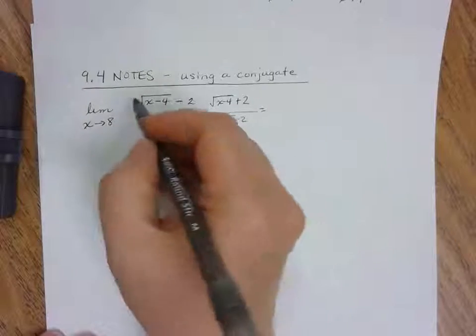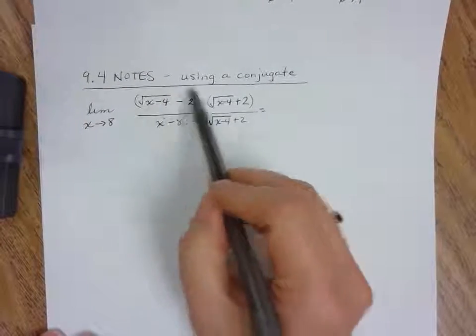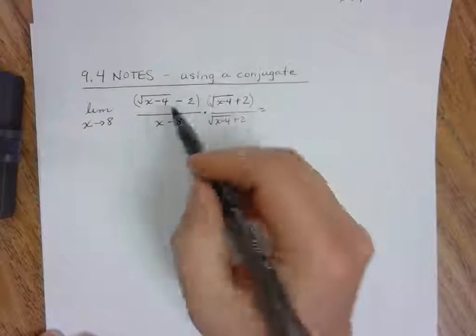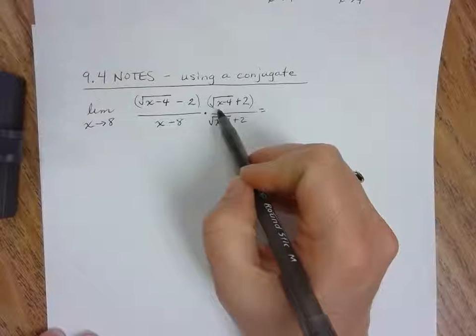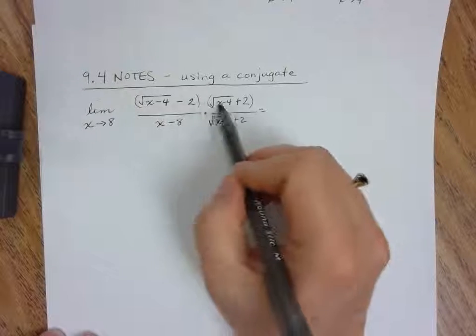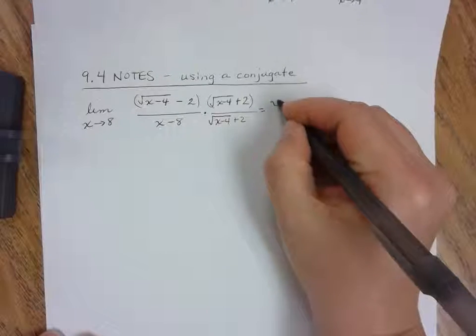When I multiply this, it's like a binomial times a binomial, and you would distribute things out. In distributing, I end up with the square root of x minus 4 times the square root of x minus 4. I would like to think that you all know that when you multiply two square roots that are identical, it just cancels out the square root, and you're left with x minus 4.